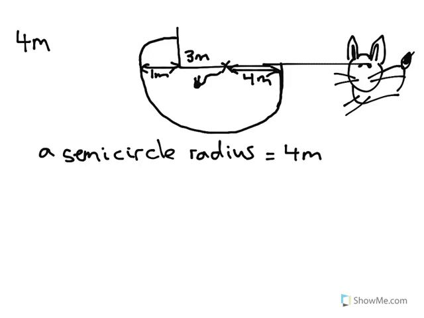I know that my X actually isn't in the right place. 4 meters on one side and 4 meters on the other. Plus, we've got a quarter of a circle. Plus a quarter of a circle, with a radius of 1 meter.